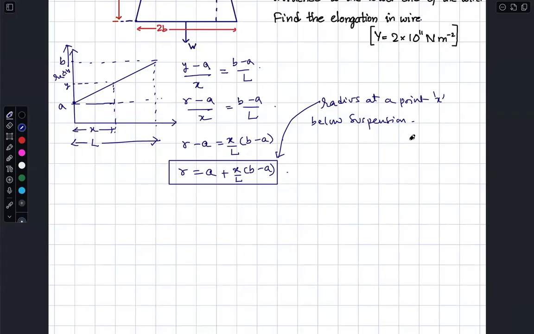So this is the radius of cross section at a depth x as mentioned.